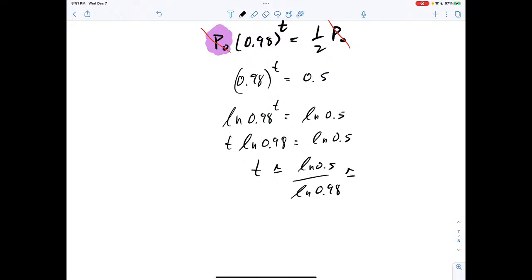So I'm getting 34.3 years as my answer. So it takes about 34 years to cut your purchasing power in half if the rate of inflation is only 2%. So there's that one. That's a good question.